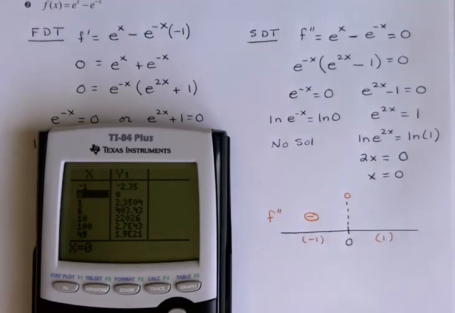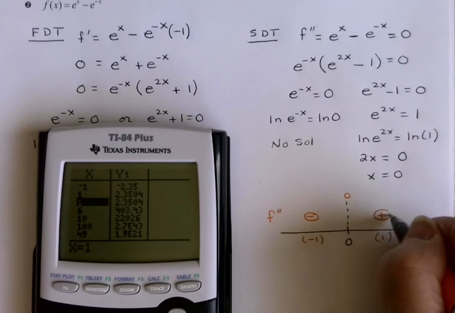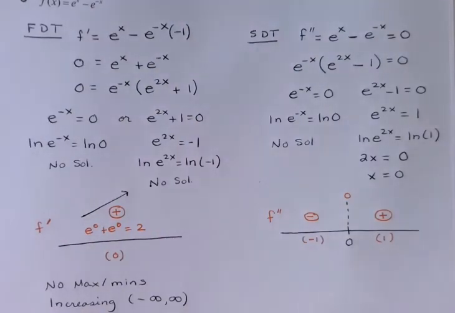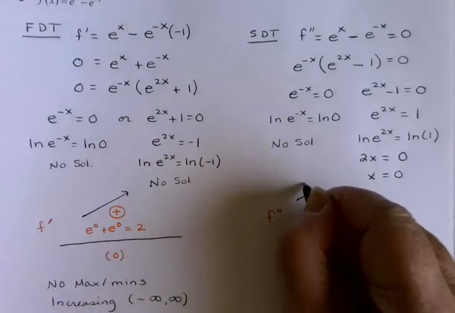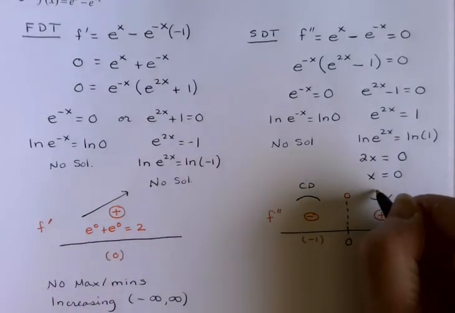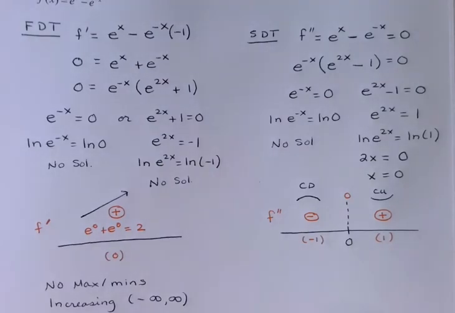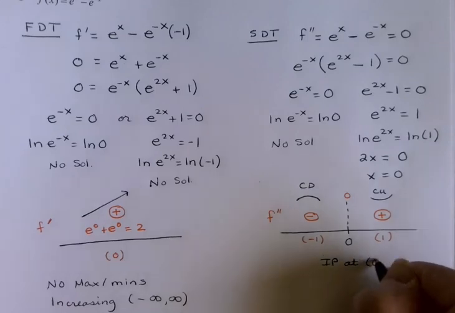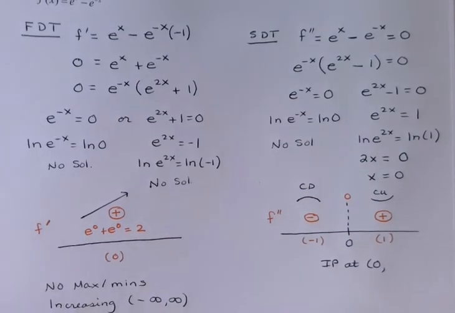Let's try positive 1, and it looks like I get a positive second derivative. So the graph does change concavity from concave down to concave up, meaning that I do get an inflection point at x equals 0. Right?